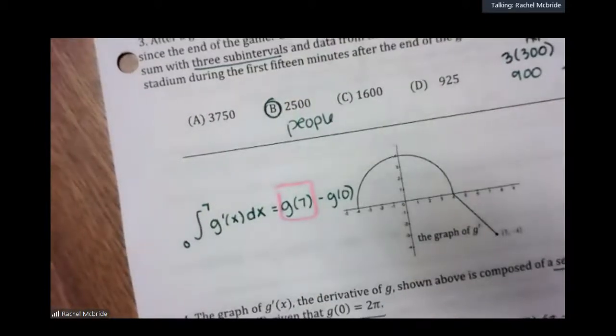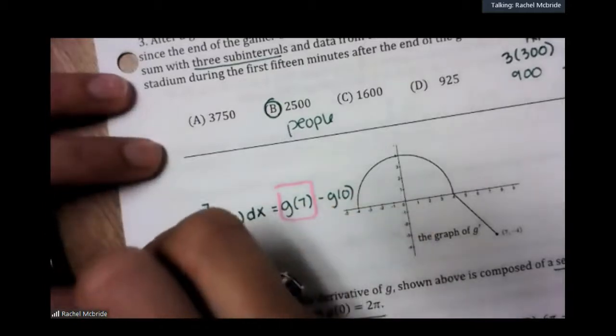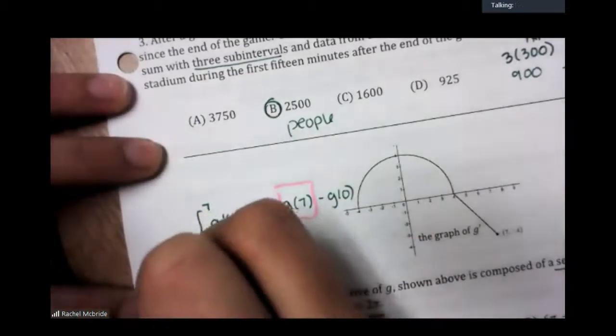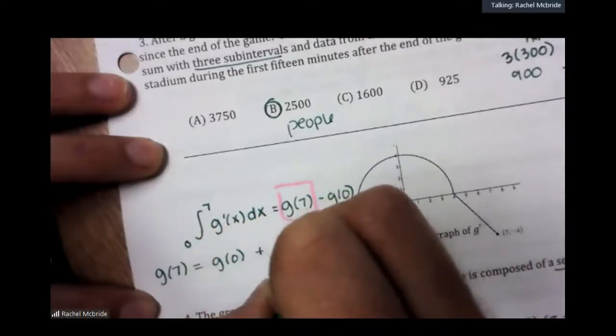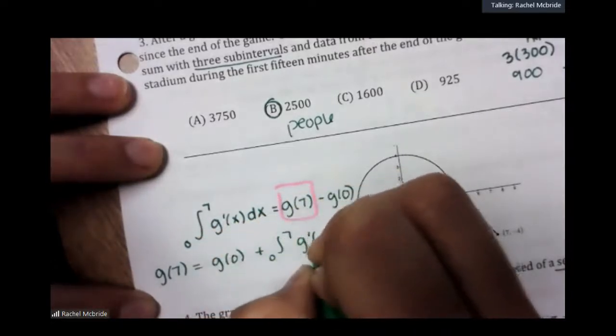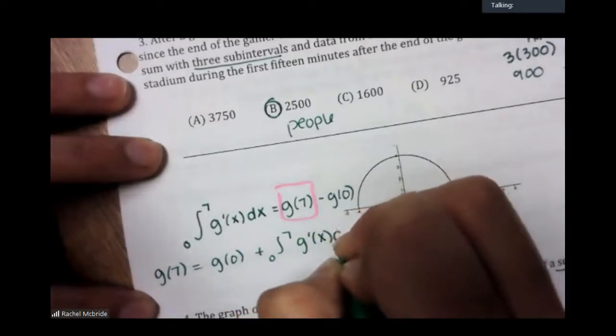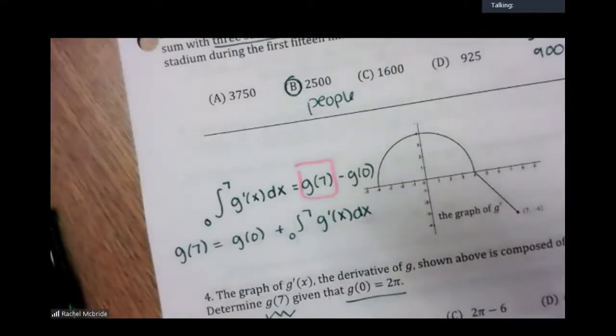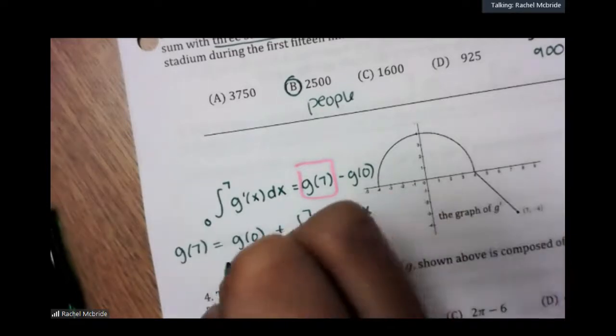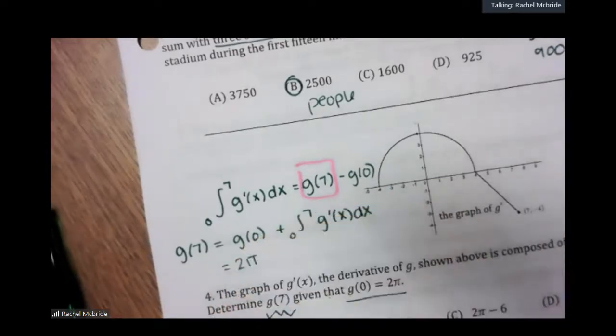So I'm going to use that idea to say that g of 7 equals g of 0 plus the integral from 0 to 7 of g prime x dx. G of 0 was given to me, that's 2 pi.